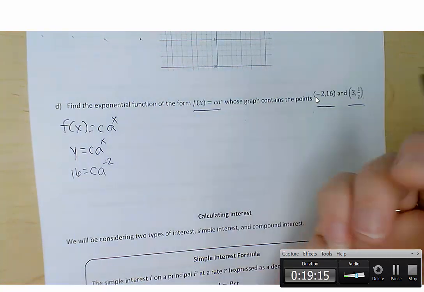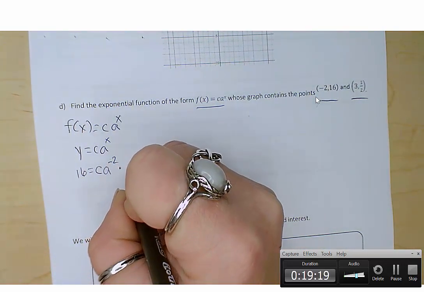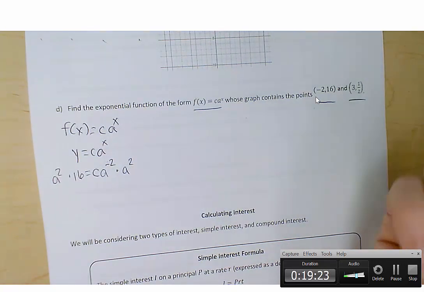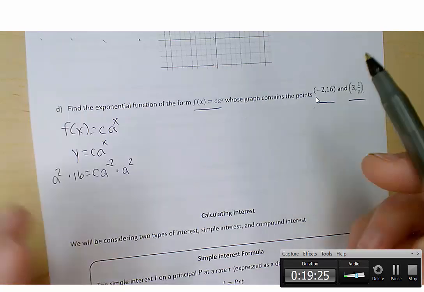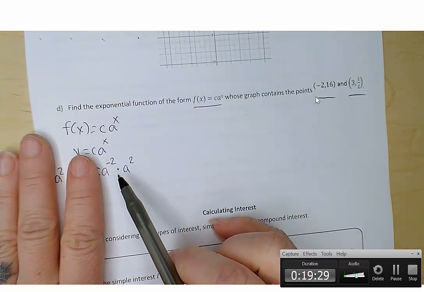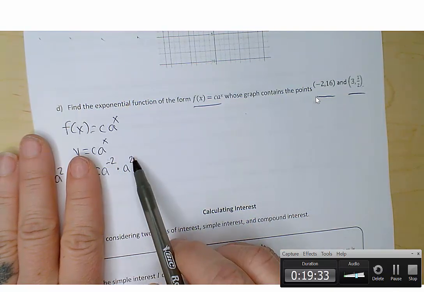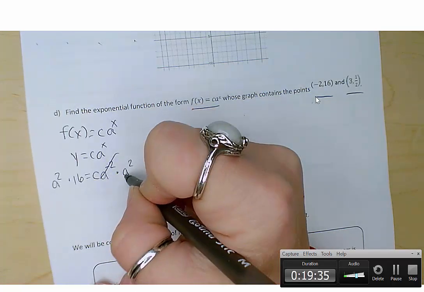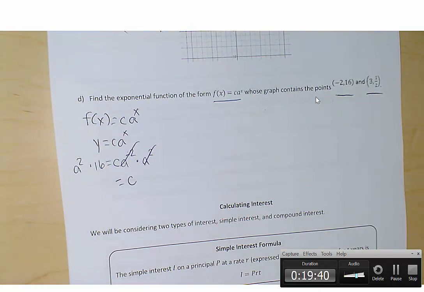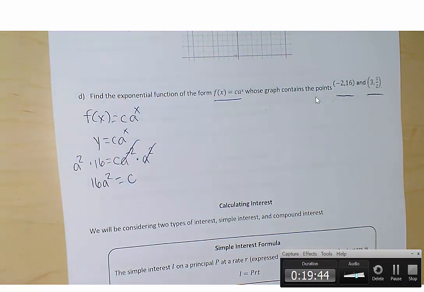Now, when we solve this for c, in order to get rid of a to the -2 on each side, what I'm going to actually do is multiply by a squared on each side. Now, the reason why I'm going to do that is remember the product rule for exponents. A to the -2 times a squared, you're going to add those exponents. -2 plus 2 is going to make that cancel out on the right-hand side, and that's going to equal c, to where c is equal to 16a squared.